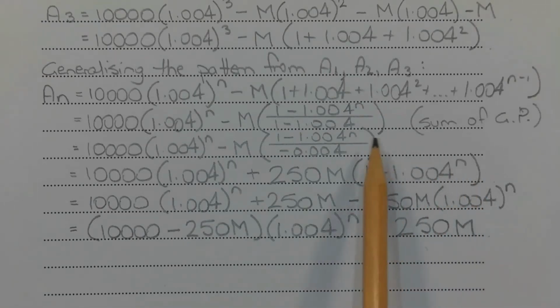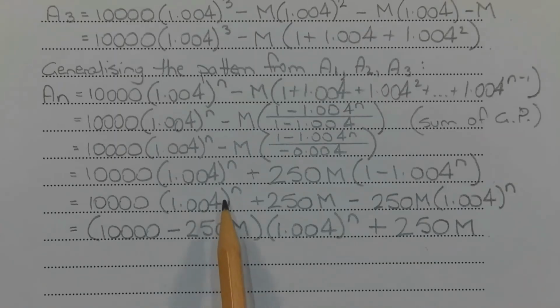Expanding the brackets here, we get AN is equal to 10,000 times 1.004 to the power of n plus 250 times M minus 250 times M times 1.004 to the power of n. So we can factorize 1.004 to the power of n from this term here and this term here.